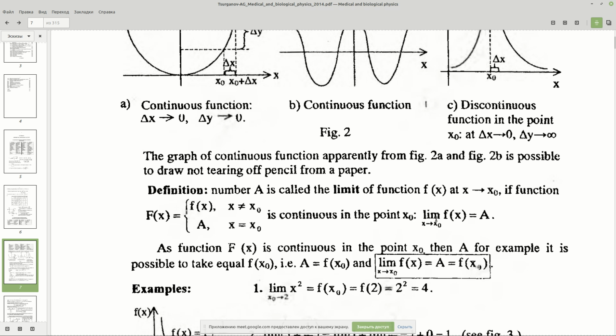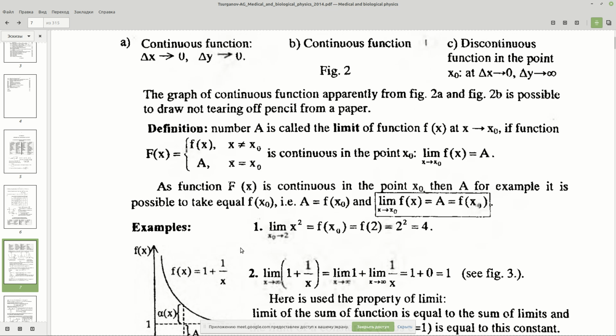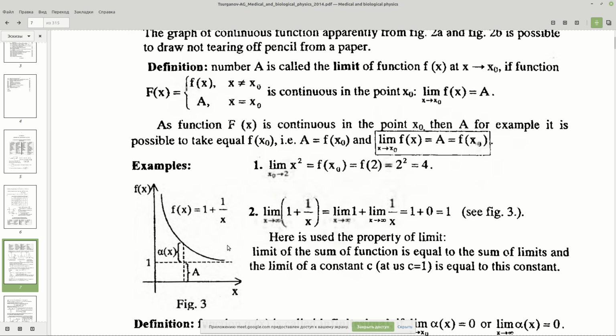So the function f is continuous at the point x0 when, for example, it is possible to take a equal to f of x0. So in other words, we will have a equals f of x0, and the limit of f of x when x goes to x0 equals a. So it will be equal to f of x0.